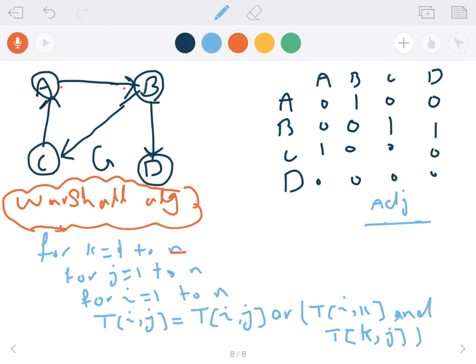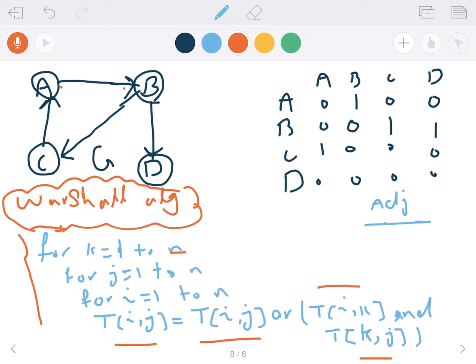So here is the Warshall algorithm as you see here. It consists of 3 for loops, k from 1 to n, where n is the number of nodes. So here we have T[i][j]. It says that if there's a path from node i to node j, its current value is going to be either 0 or 1, or if there is a path from node i to k, then from k to j.